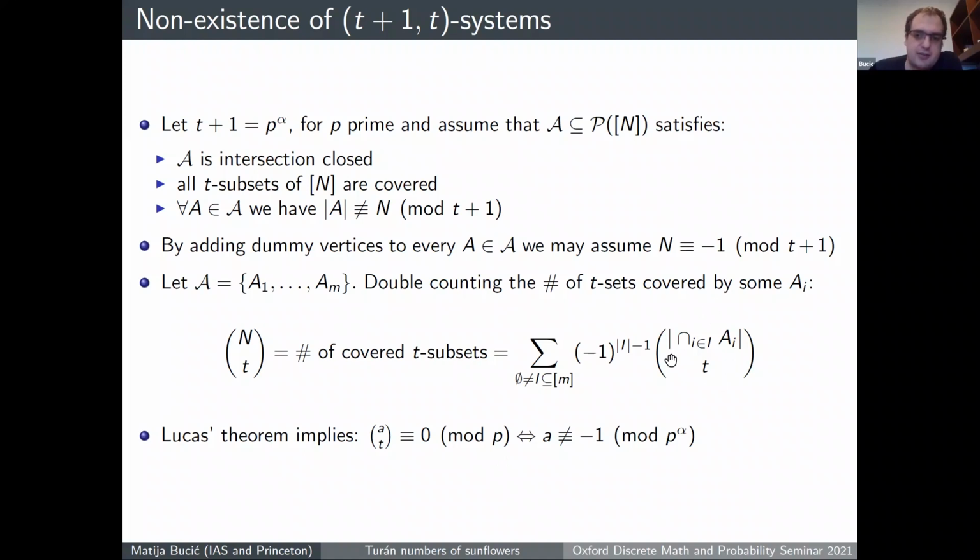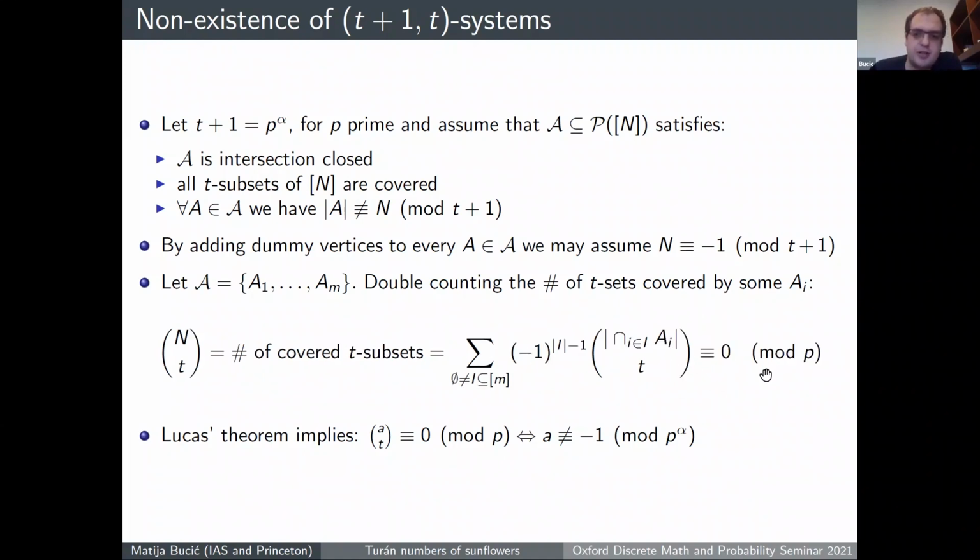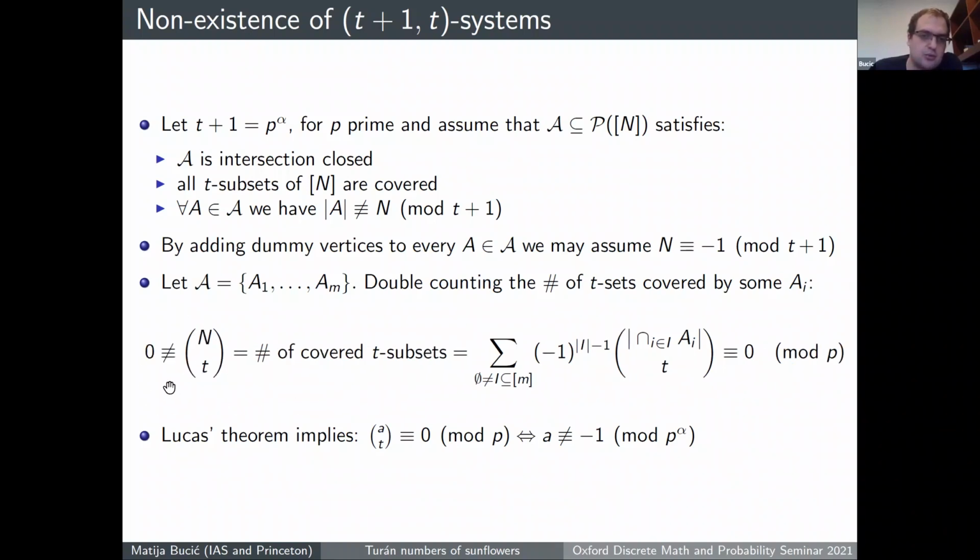So since each of them is divisible by p, the whole sum is divisible by p. On the other hand, it also tells you that this binomial coefficient, where N is congruent to -1 modulo p to the alpha, is not divisible by p. And that gives us our contradiction. So this side is not divisible by p, this side is, they should be equal, so such objects cannot exist.